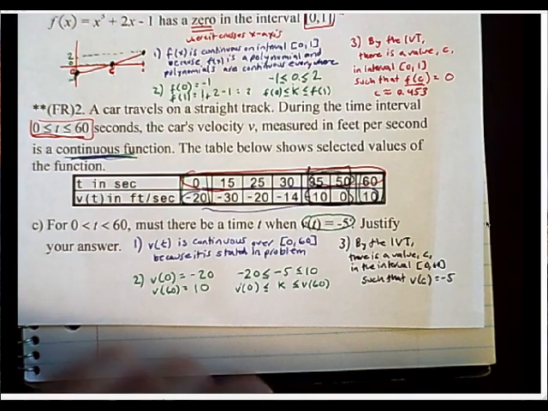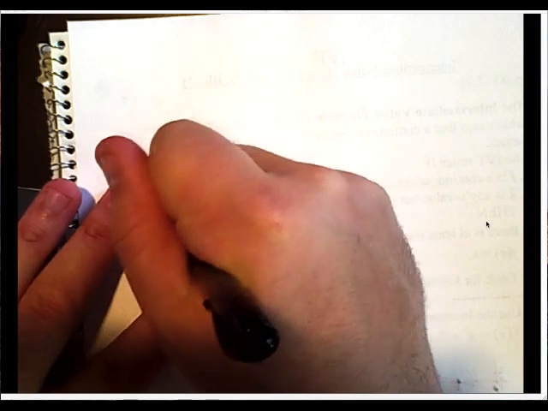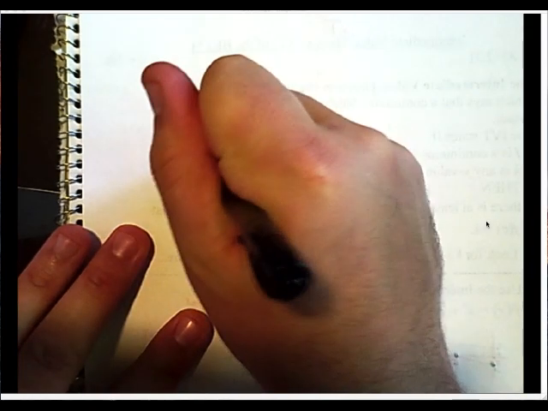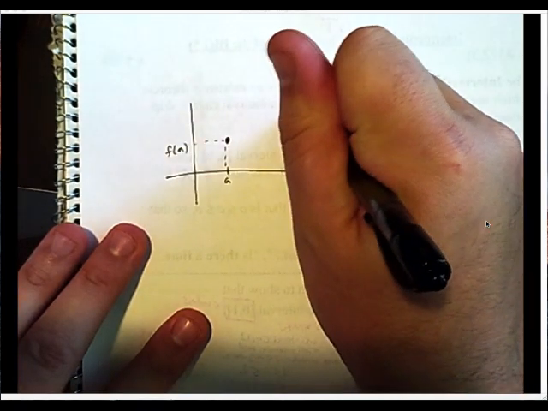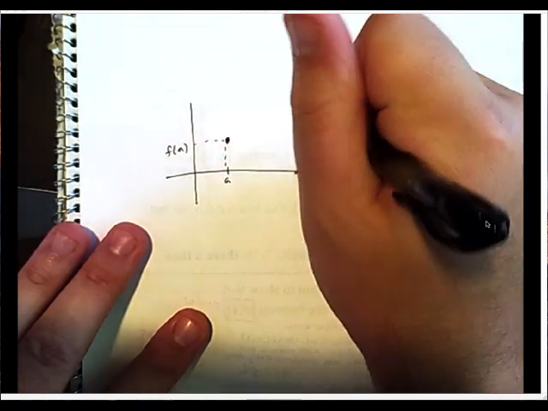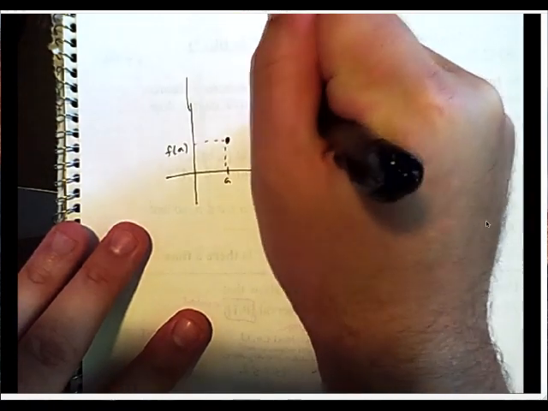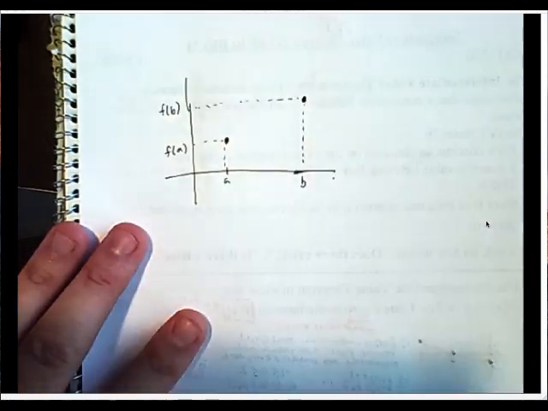Okay. What do I mean about there could be more than one? Let's think about this for a second. So kind of that second part of the intermediate value theorem, going back to that curve, like if this is your A value, then that would be the F of A value, and this is the B value, and this would be the F of B value.